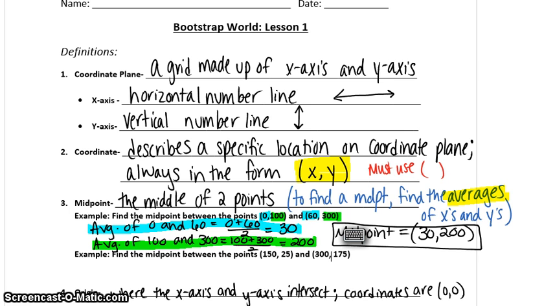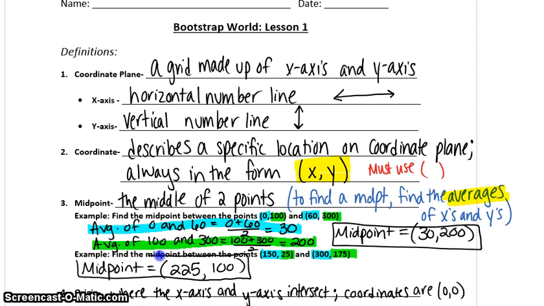So now that you've had a minute to attempt this example on your own, I hope you found that the average of the x numbers, 150 and 300, is 225, and the average of the y coordinates, 25 and 175, is 100. That means that our midpoint is the point 225, 100. That's our final answer there. Midpoint is all about finding averages.